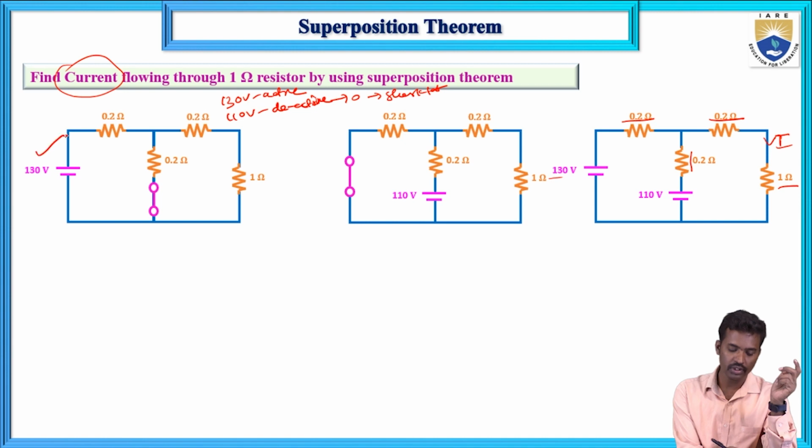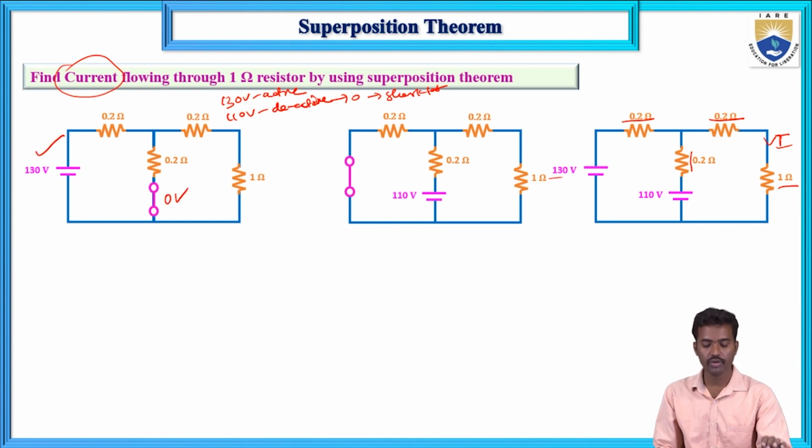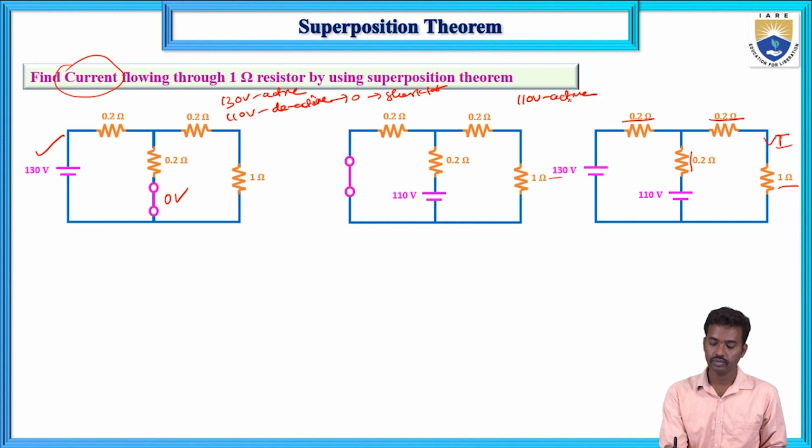So 130 volts is active and this is replaced by a short circuit, that value is 0. Now here the second case: 110 volts is active and 130 volts is deactive. Now calculate the individual responses.